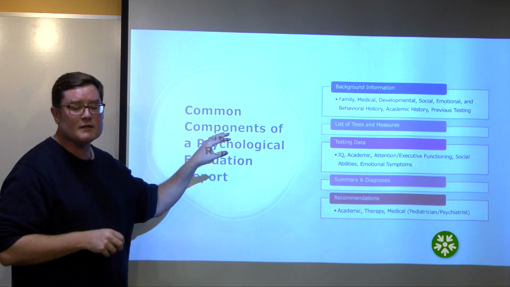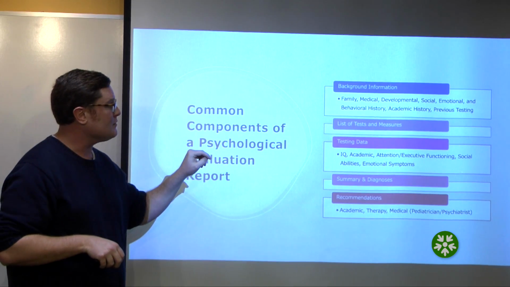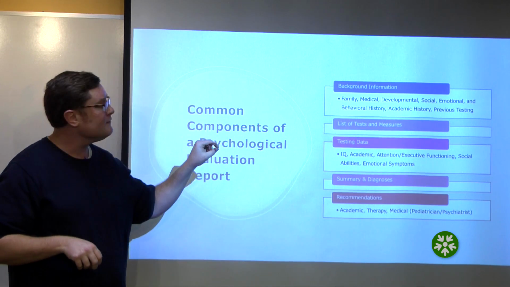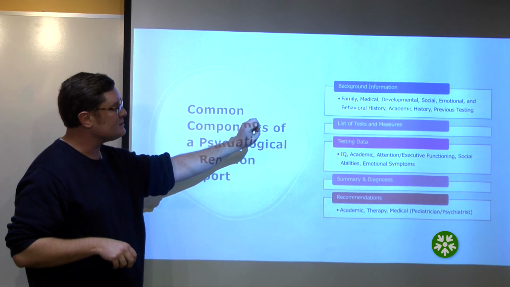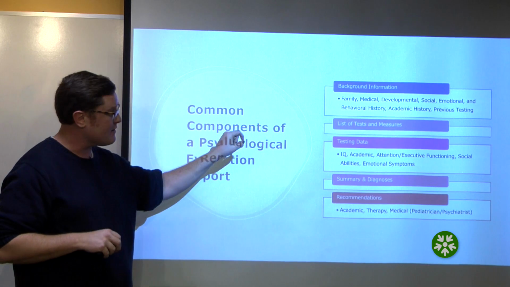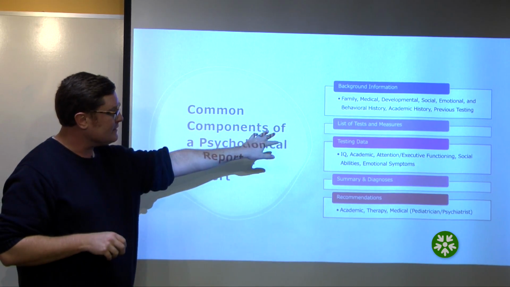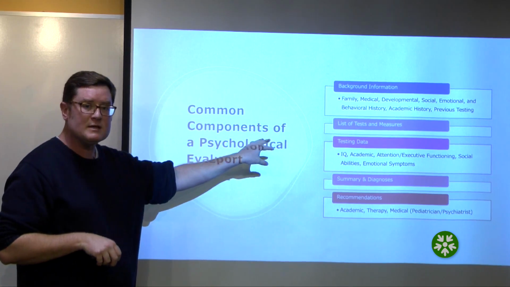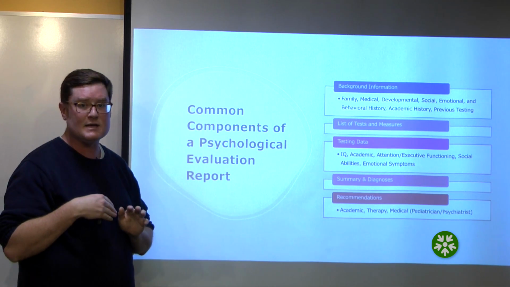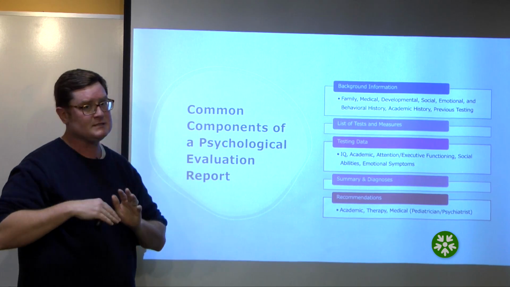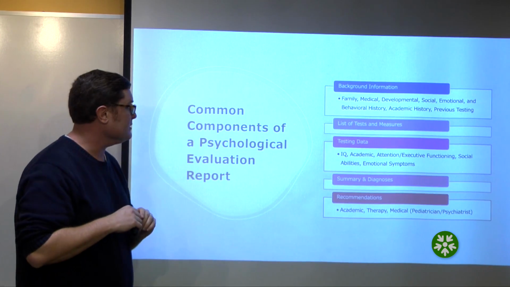So the beginning of the report will have a few pages about background information, and I know we went into a lot of detail in the first presentation about what's asked of the parent. And then we have a list of the tests and measures that were given. So this is to quickly be able to look at what was given for the assessment, and it's basically just a list of what was administered.